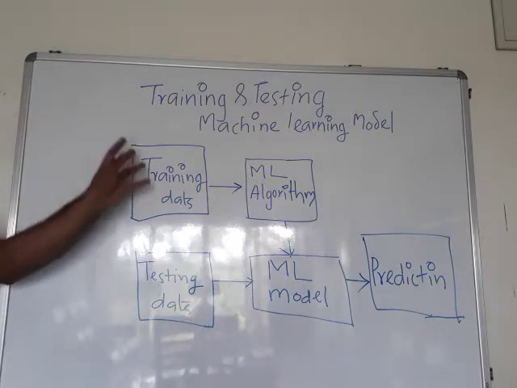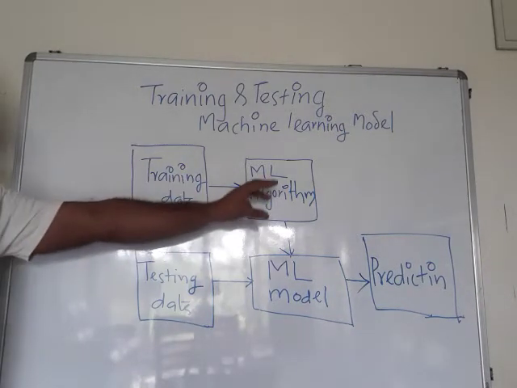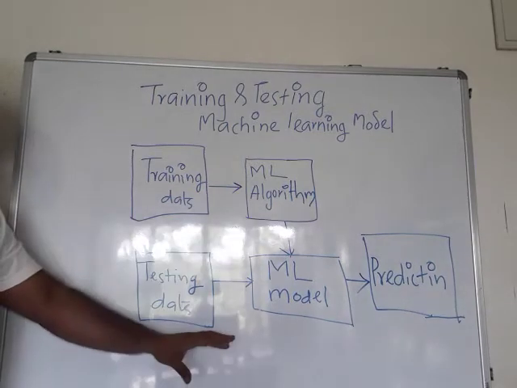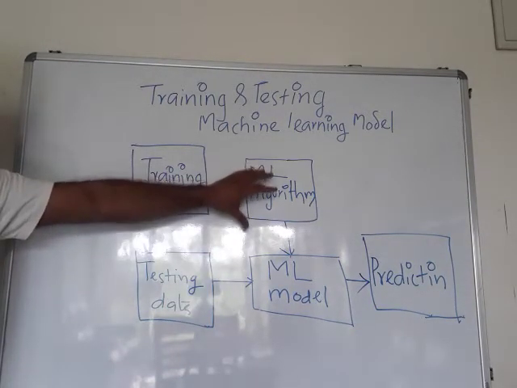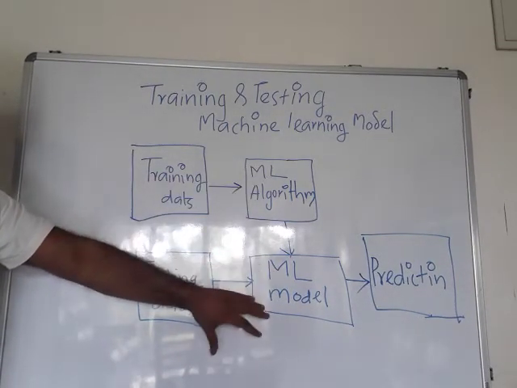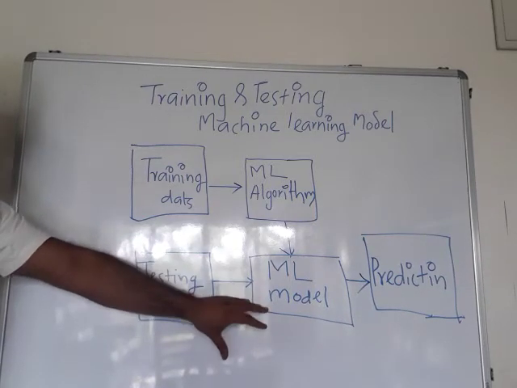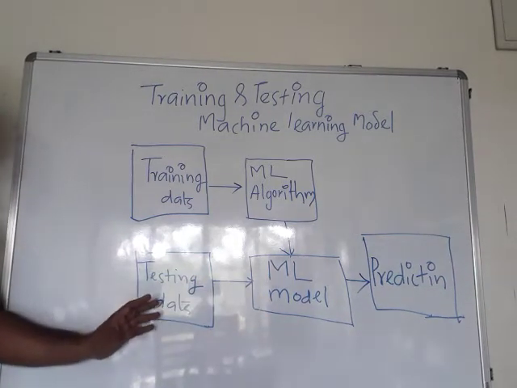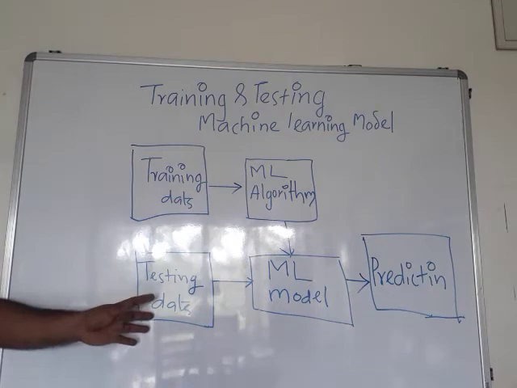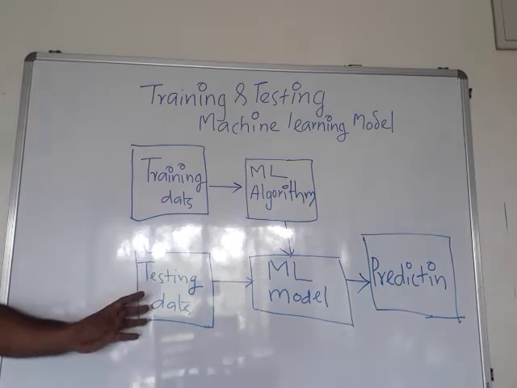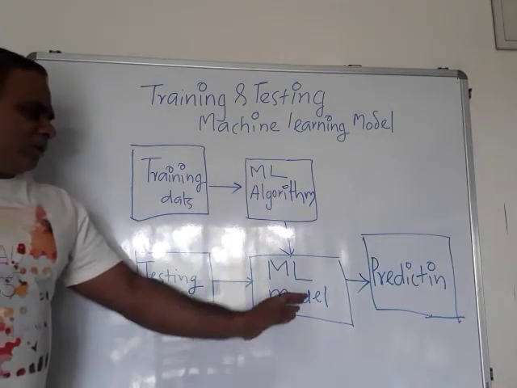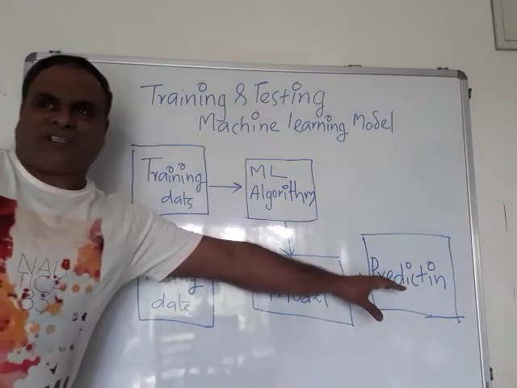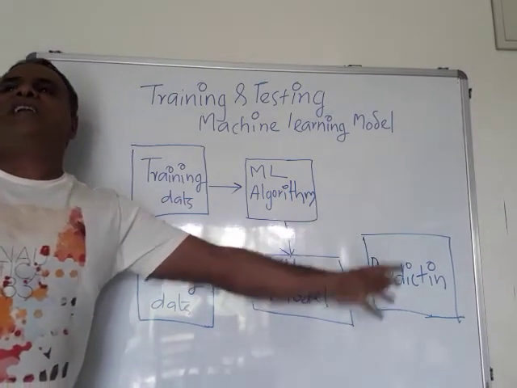So we give training data to the machine learning algorithm, and we are training it and finally come up with a machine learning model. To this machine learning model we will give the testing data. This data is unlabeled and the machine learning model has to predict. This we call the prediction.